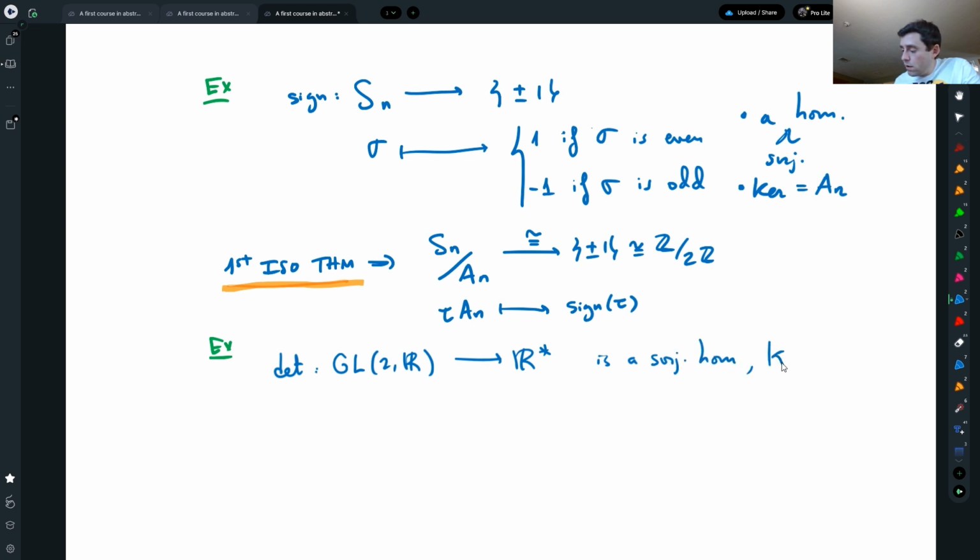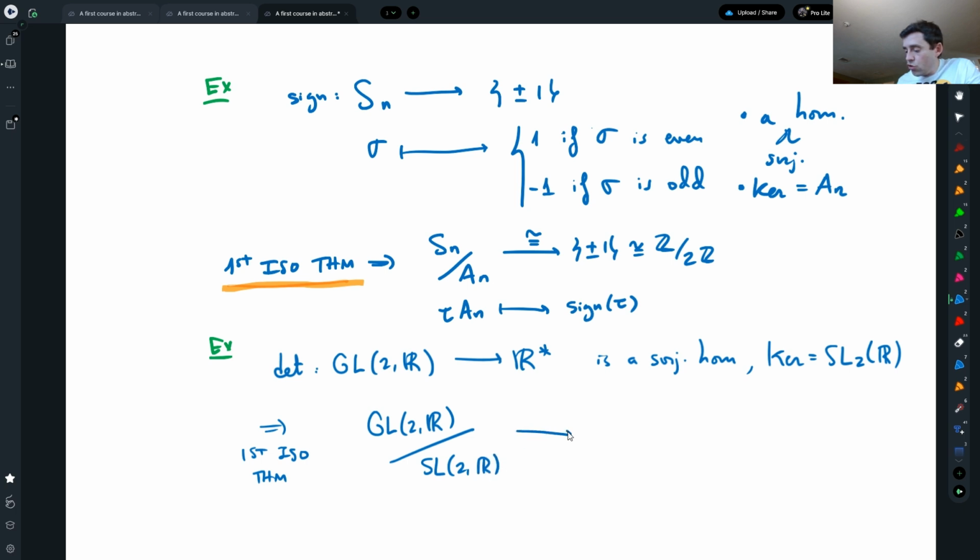The kernel is SL2 over the real numbers, and therefore the first isomorphism theorem tells me that GL2R modulo SL2R is isomorphic to the non-zero reals under multiplication via the map that sends a coset to the determinant of the matrix that represents that coset.